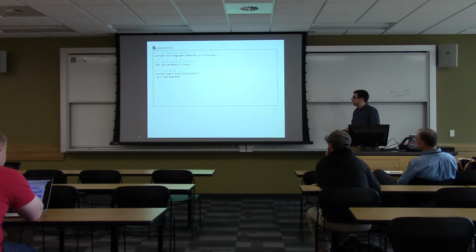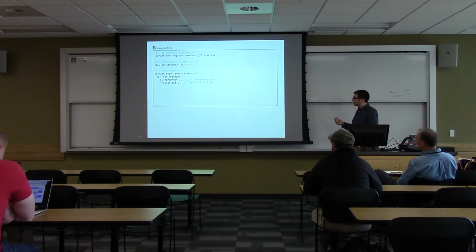We're going to define where this graph is going to be plotted, and we're going to use some JavaScript to plot the graph. The way Dygraph works is that the first argument that you give it is which div the graph will be contained in. Second argument is the file that contains the results. So in our case, it's basically telling us in which cluster each data point is located.